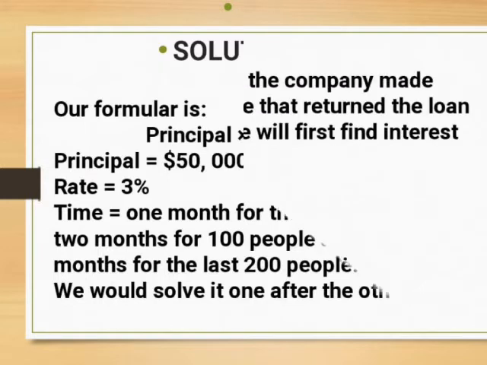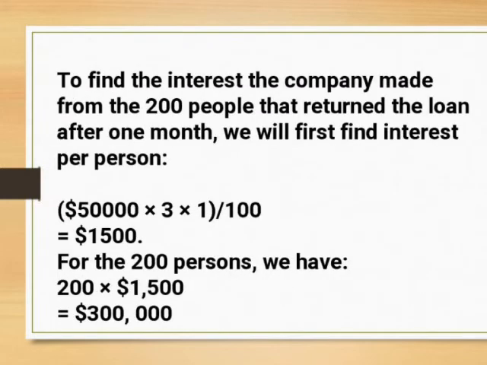To find the interest the company made from the 200 people that returned the loan after 1 month, we will first find interest per person. Interest per person equal to $50,000 times 3 times 1 all over 100. We are dividing by 100 because the rate is in percentage.